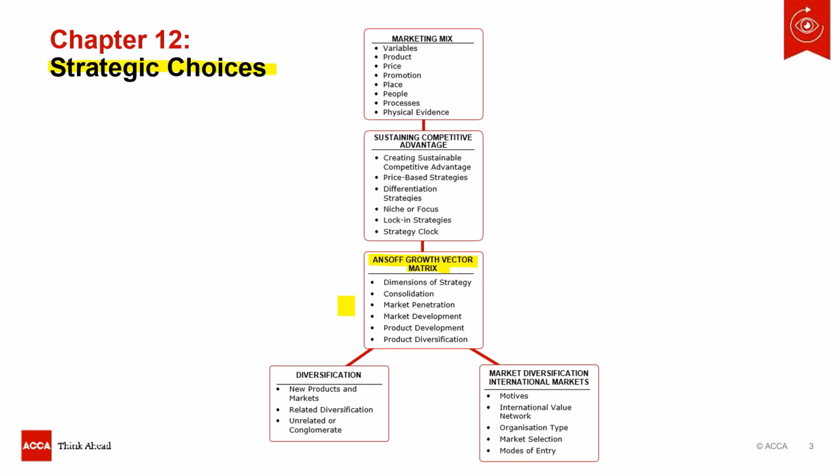Chapter 12, Strategic Choices. Here we see a number of different models: marketing mix at the top, sustaining competitive advantage underneath, and highlighted there, Ansoff growth vector matrix. Now, what are these models about? Just think about it this way. The aim of producing a long-term plan or strategy is to achieve our objectives.